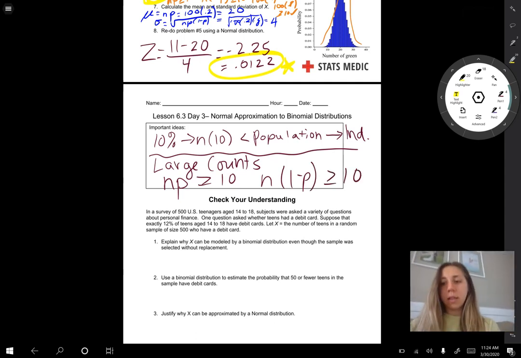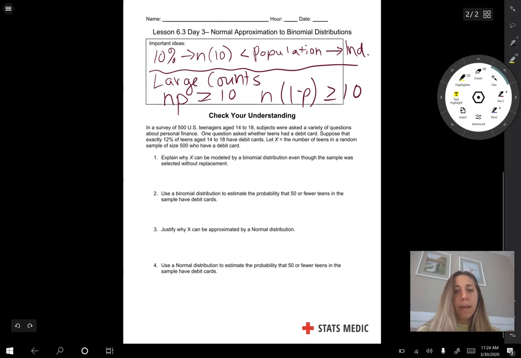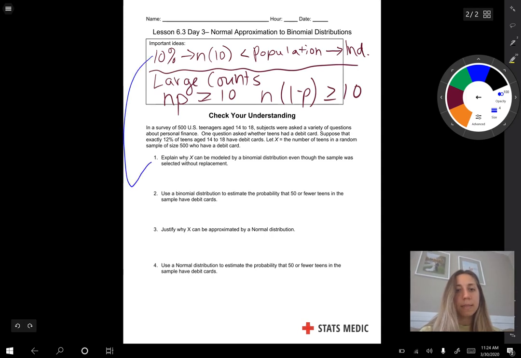All right, let's take a look down at this, check your understanding. You basically can say why it can be modeled with binomial, and that is done by checking that independence condition. Use a binomial distribution to estimate the probability of 50 or fewer.